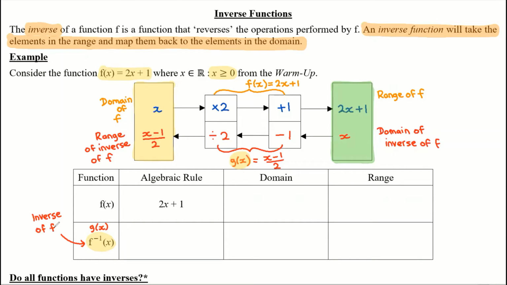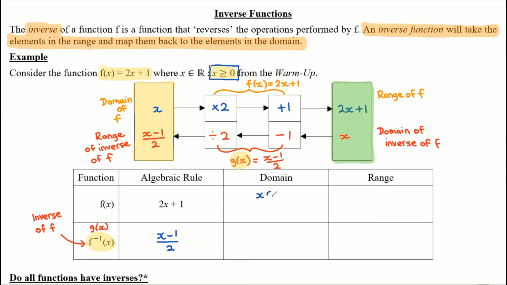Okay, so let's fill in what these functions actually are. So this function was x subtract 1 over 2, with an input of x, right? So we've got that. Now let's go back to the domains. So the domain of f, well, this was stated here, wasn't it? So the domain of f, I'm allowed any positive real number.